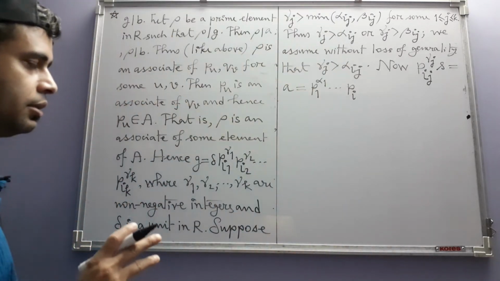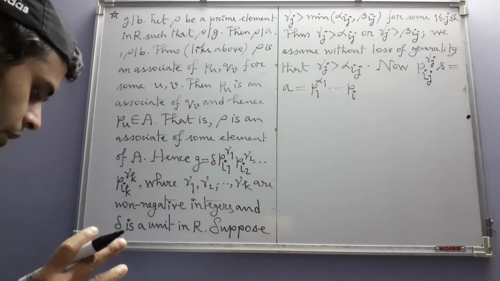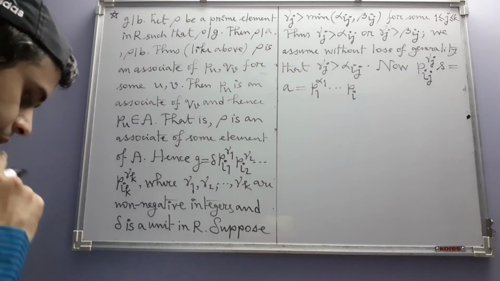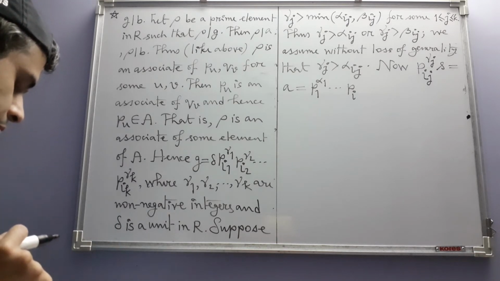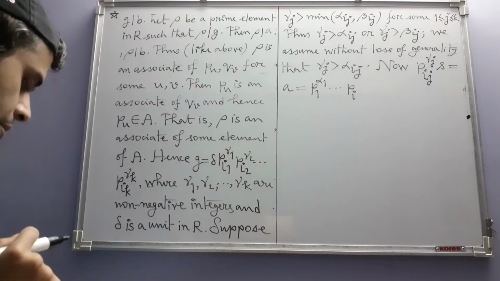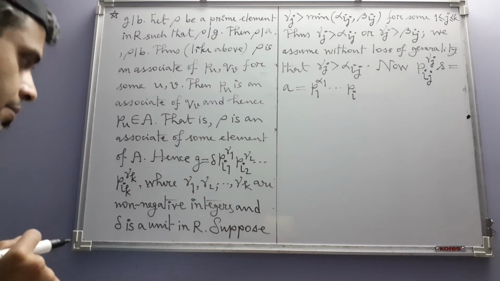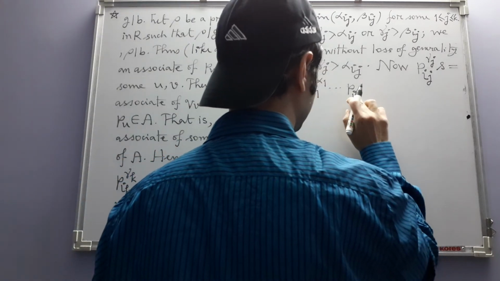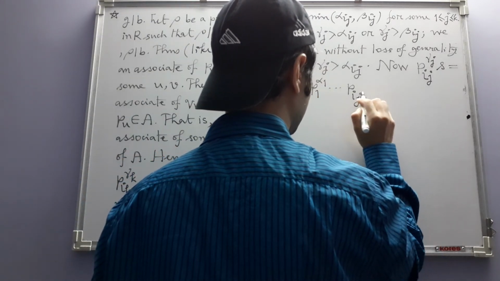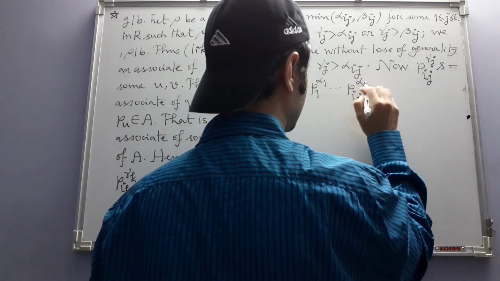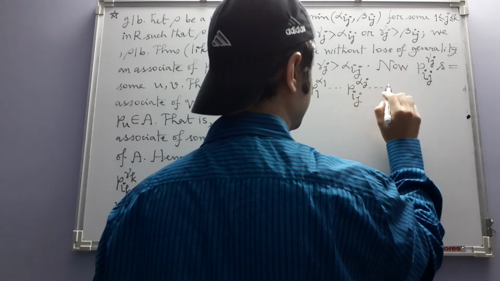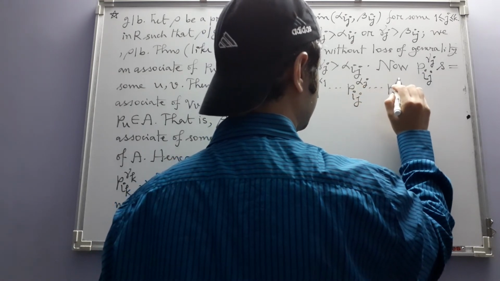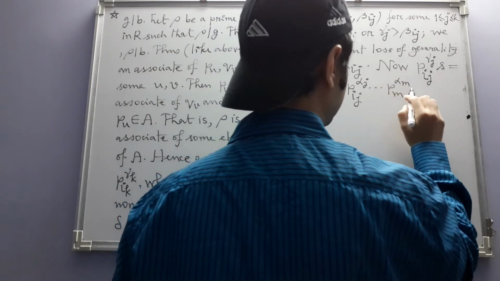Oh no, wait, this is not A, I think. Is it A or is it D? Okay, let's do the calculation with A. If things go wrong, we will look for an alternative.